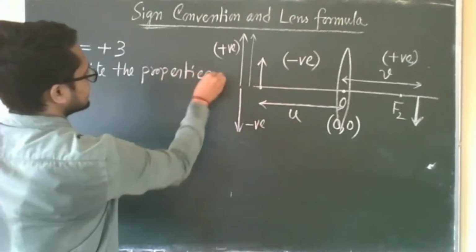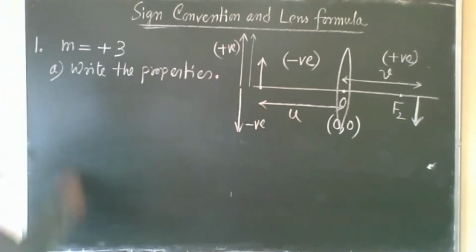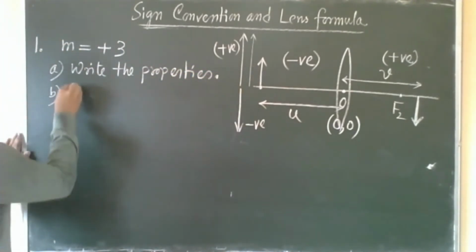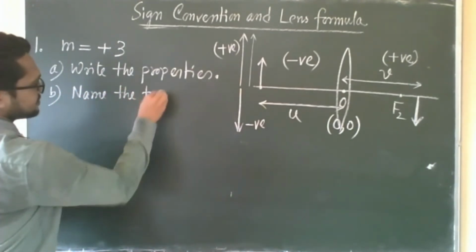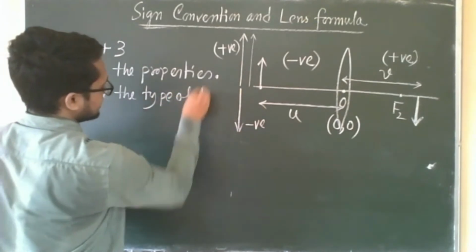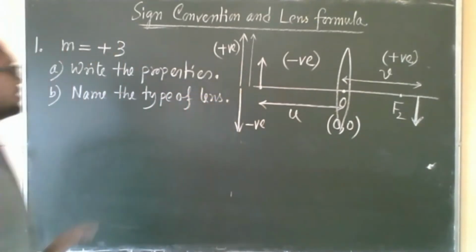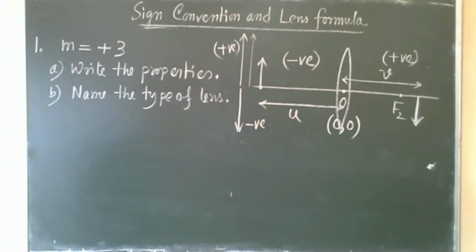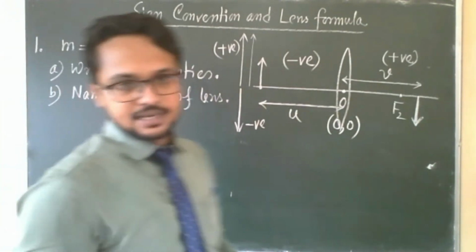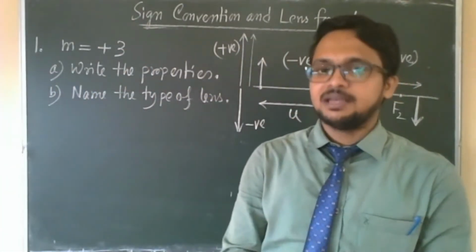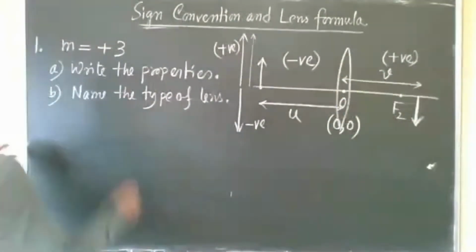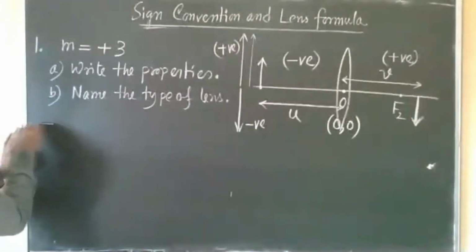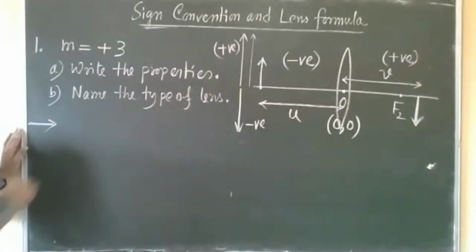And second question, name the type of lens. So what will you check? You will check the sign of M, then you will check the value. If you have noted down from that note, you can easily tell the answer.